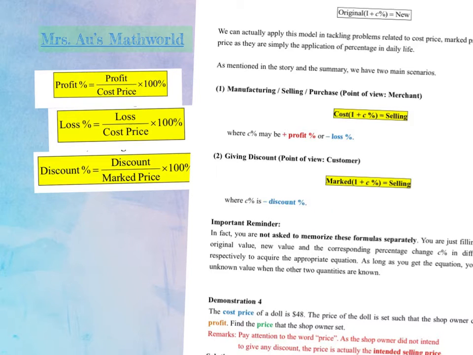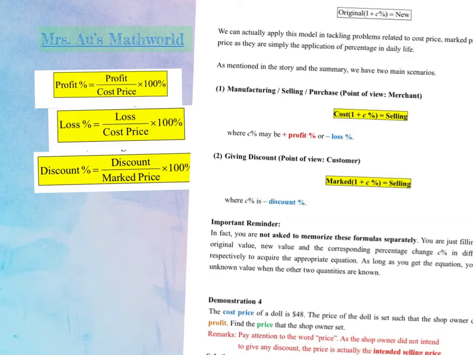It is not difficult to think about, because you know that cost price is the original value. Original value times 1 plus profit percentage becomes the selling price, or times 1 minus loss percentage will also become the selling price.